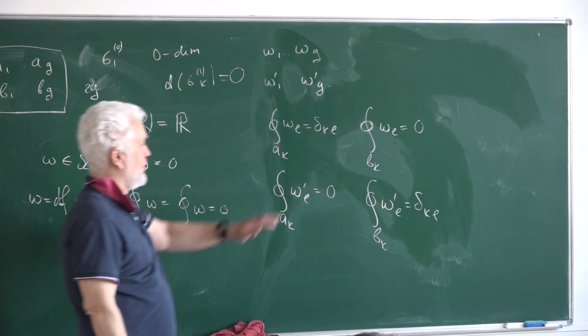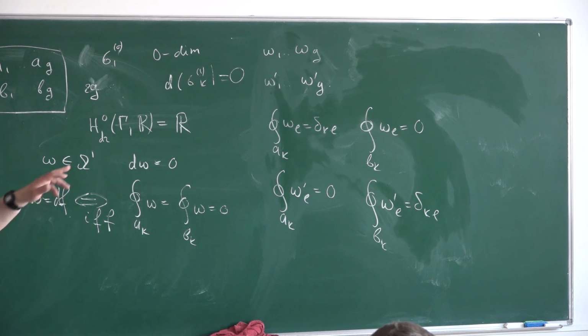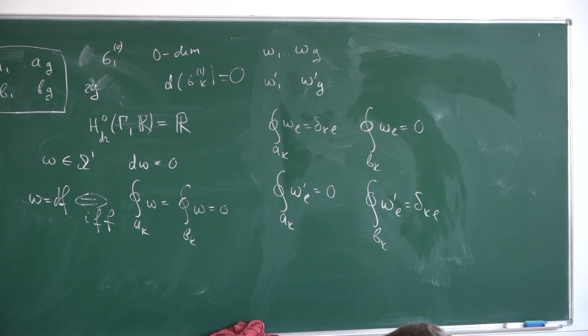Omega is constructed using the first belt, omega prime using the second belt. You see. So we construct 2g differentials.